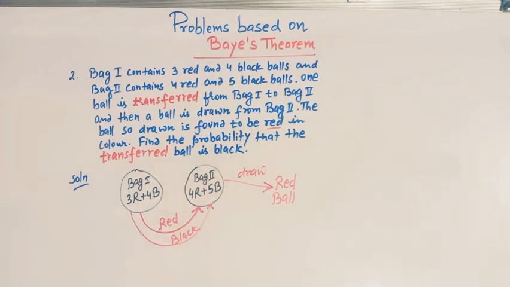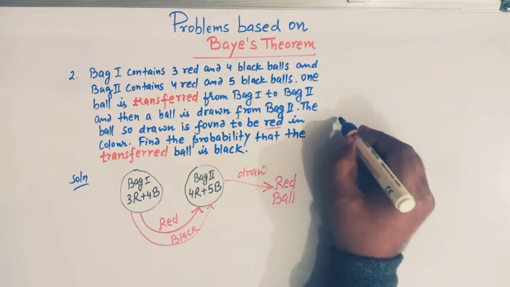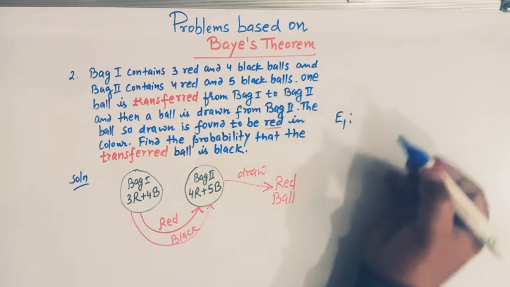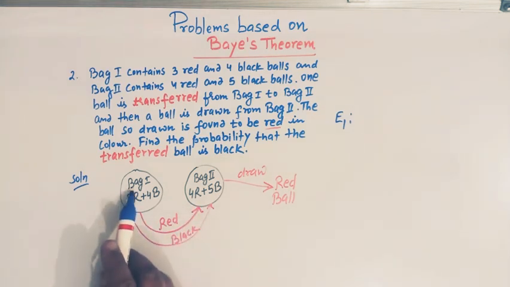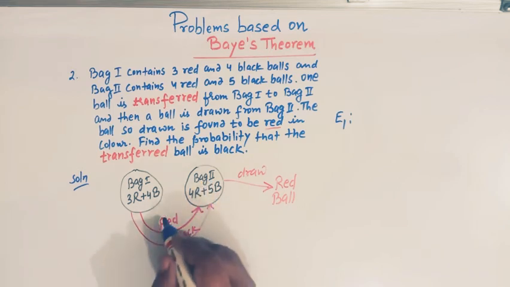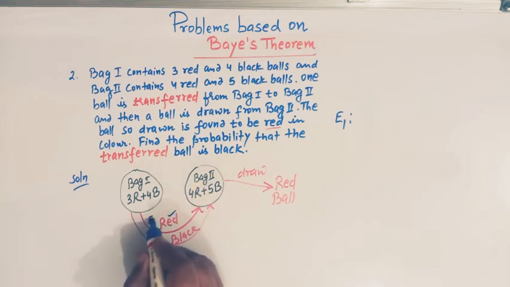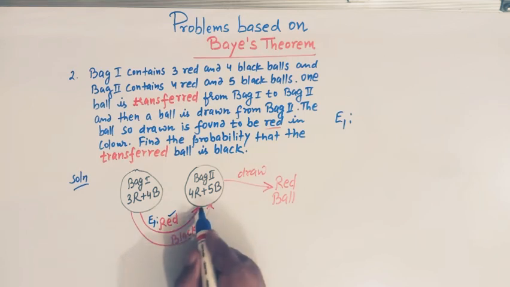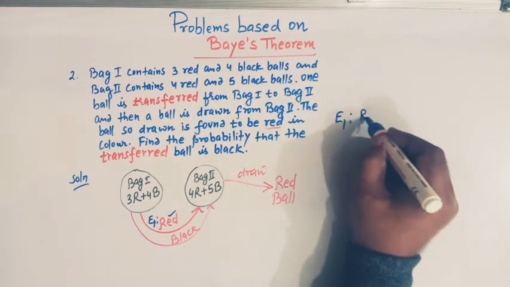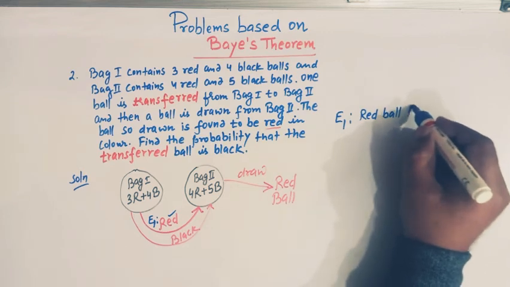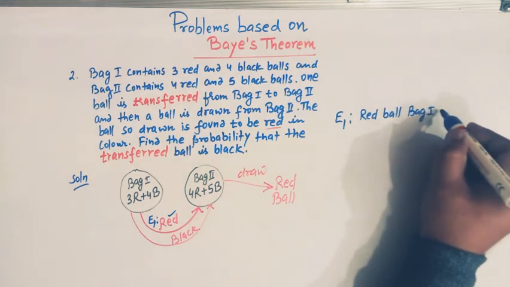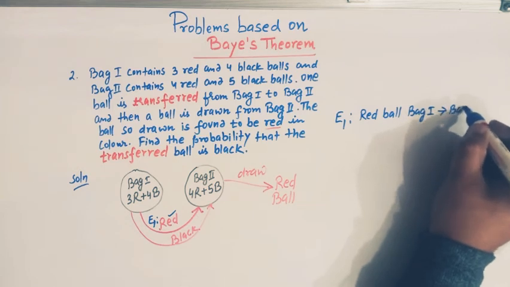So now here we will assume the events. Suppose E1 is the event that the ball which is transferred from bag 1 to bag 2 is red. So E1 is the event when a red ball is transferred from bag 1 to bag 2.